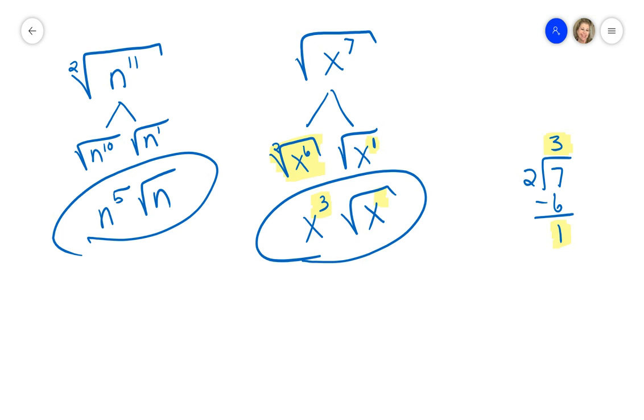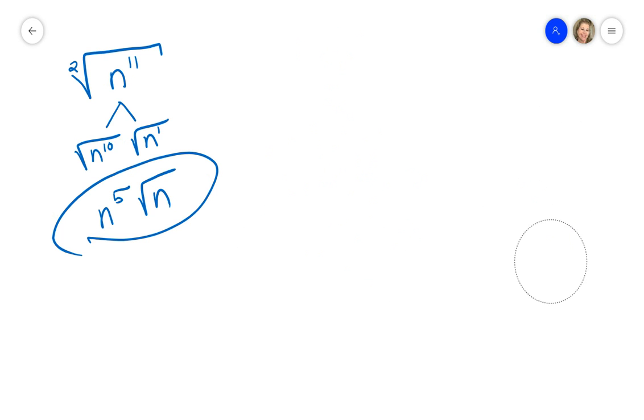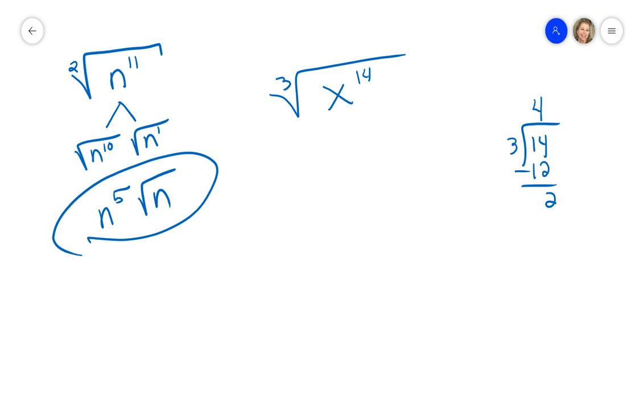If it's a cubed root, because I think I did cube roots, I don't know. Let's say it was the cubed root of x to the, okay, I need a number that 3 does not divide into evenly. How about 14? Okay, so 3 divides into 14 4 times, because 3 times 4 is 12 with 2 left over.